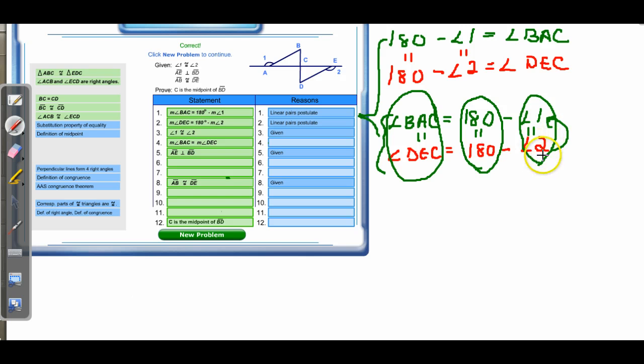I mean, not that it equals BAC, but that we can just use it in place of L1. So I don't really like their reasoning. I would use the subtraction property of equality, or call it just Euclid's axiom. Let's see, where's the one that they used?